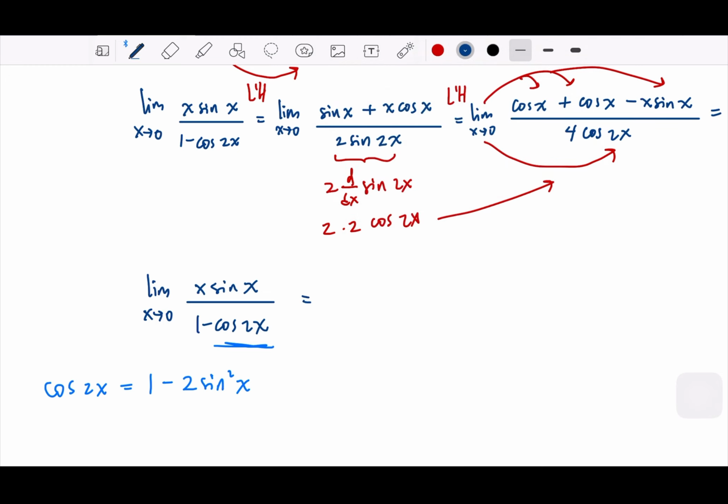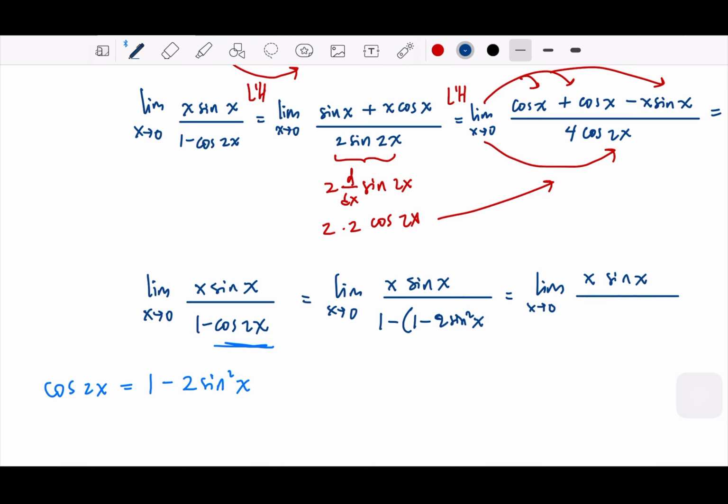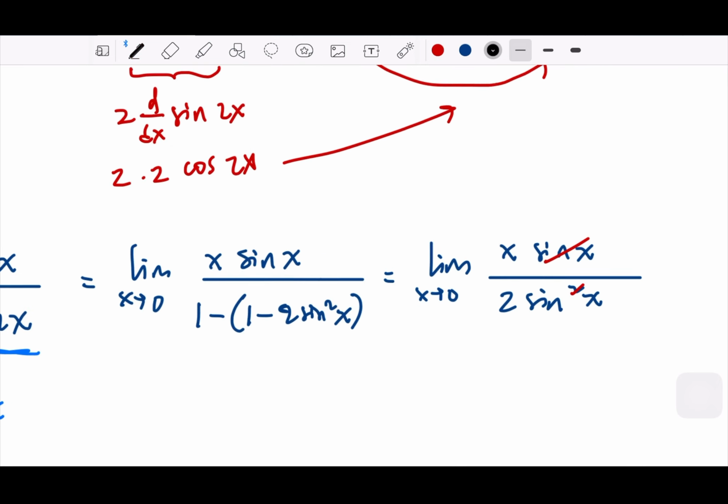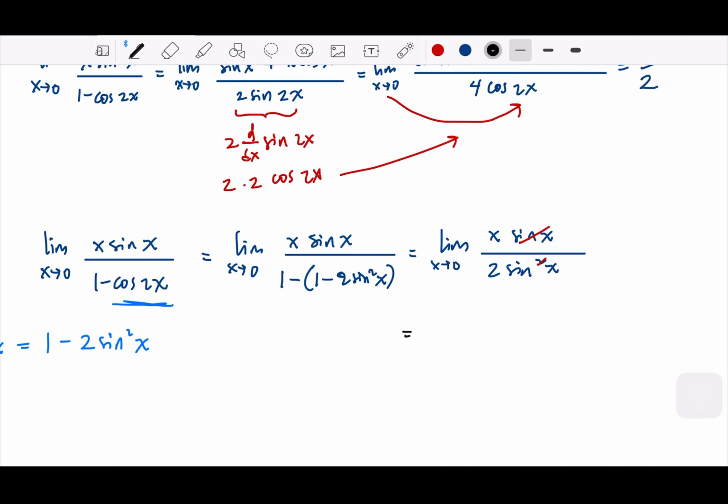Now from here we have 1 minus, okay, and then this is 2 sine squared x, and we can cancel this, and we have the limit of x over 2 sine x.